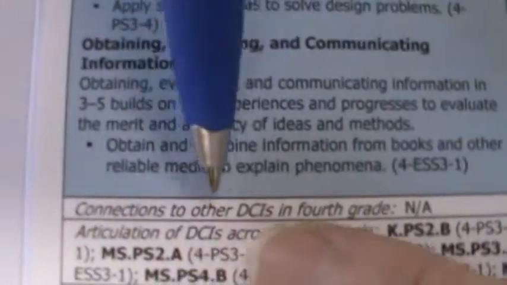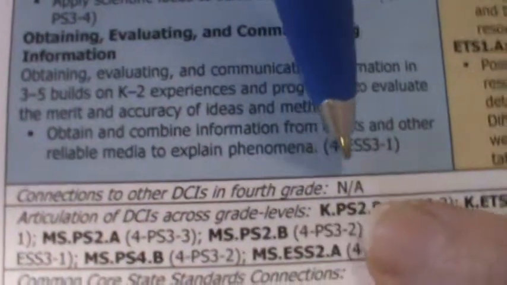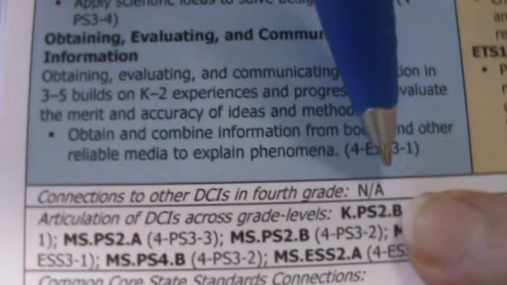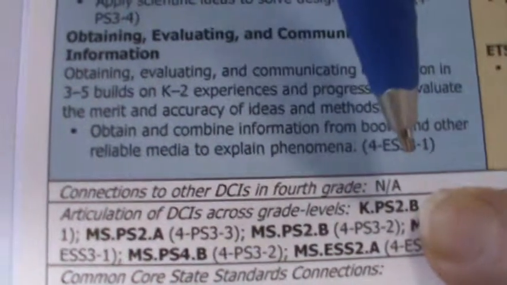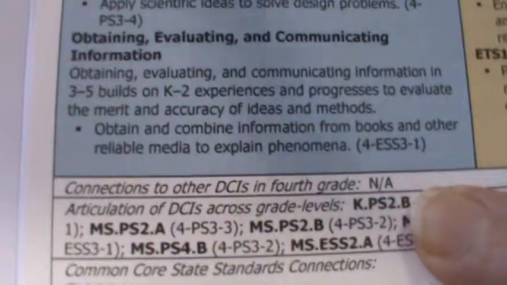Connections to other DCIs in this grade band. This grade band is 4th grade, and with this one there's not any. If there are any, you can list those. So I would just put "not applicable" in the box, correct?